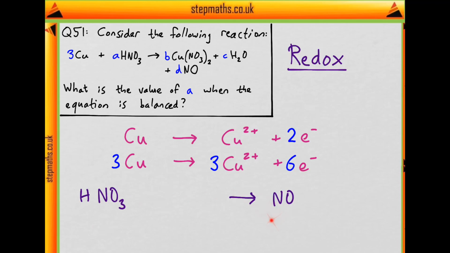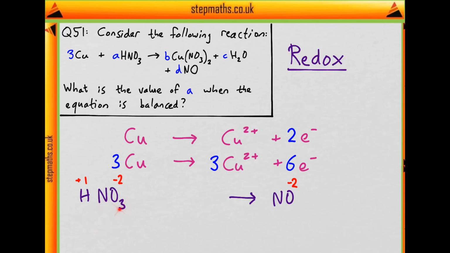So what do we start with? We need to balance the electrons, and for that we need the oxidation states of each species. So which rules can we start with for oxidation states? We know oxygen is always -2 in compounds, and what about hydrogen? That's always +1. So what does that leave nitrogen as?